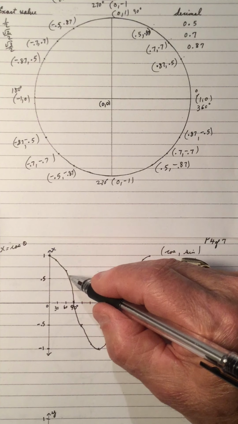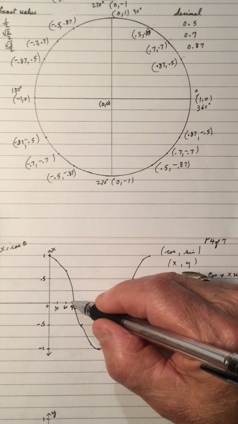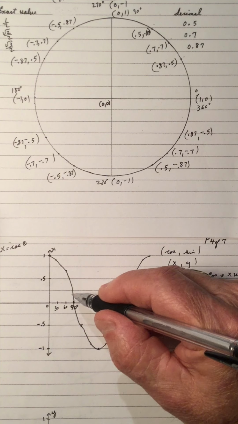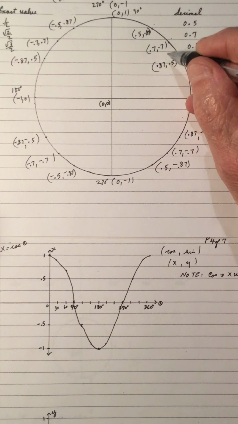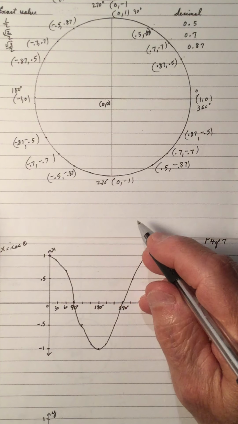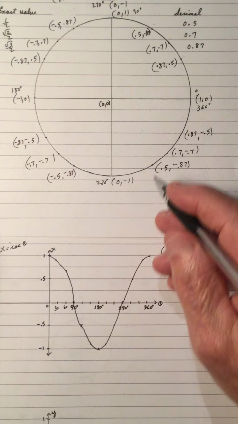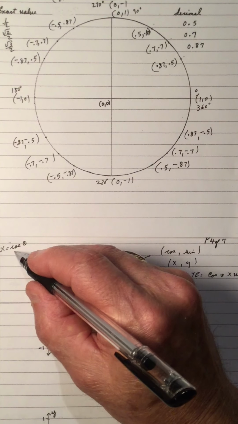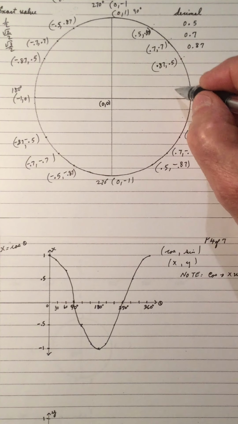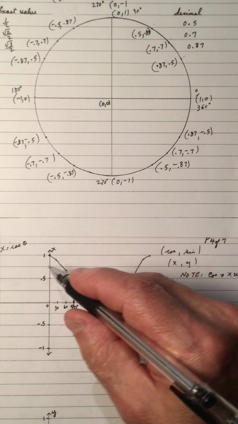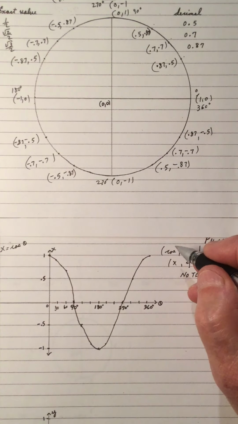But we're not doing the y. We're only dealing with cos theta. We're only dealing with the x. We're not dealing with the y, because this is cos. Cos is with the x.